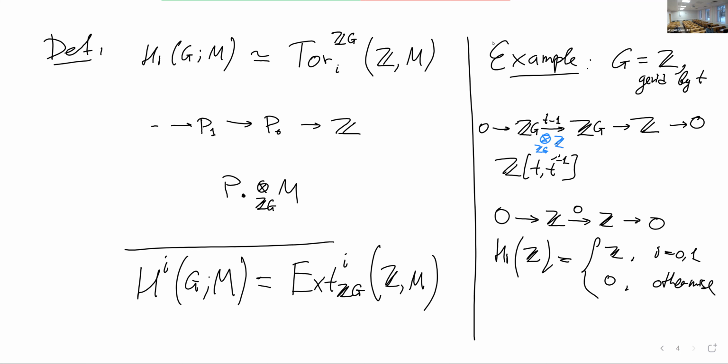Exercise: H1 is the module of invariants, and H0 is the module of coinvariants. That's because the action is trivial on the elements of the kernel, since they should be in the kernel of t minus 1.